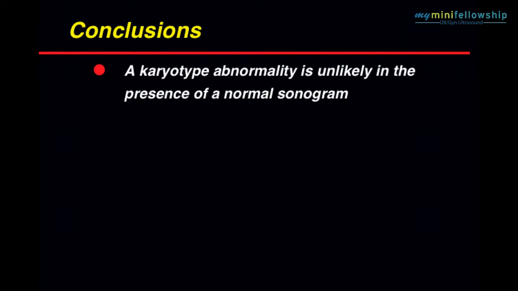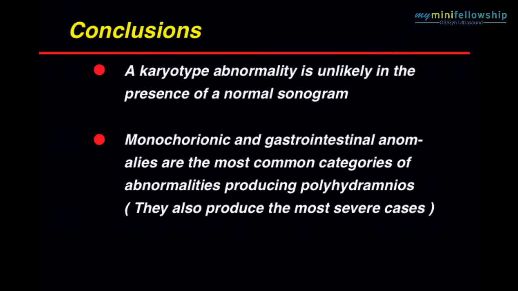I'm just saying that in our experience, it is very, very, very unlikely to produce an abnormal result. Monochorionic and gastrointestinal anomalies are the most common categories of abnormalities producing polyhydramnios, and they also produce the most severe cases. My gold medalist with the 22 centimeter pocket had twin transfusion syndrome.